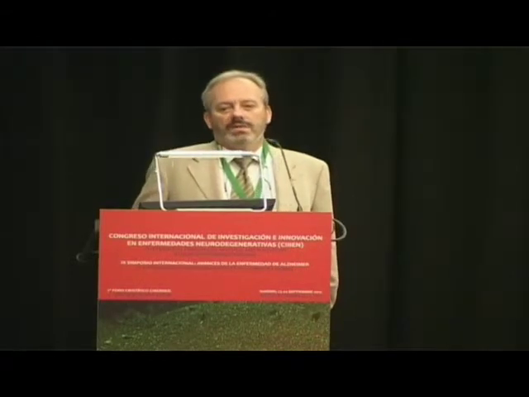And the second question was the distribution. We checked in the cortex and in the hippocampus, and the distribution is almost similar. Probably, if I remember, the data is more evident in the hippocampus, but it is increasing in the cortex too.